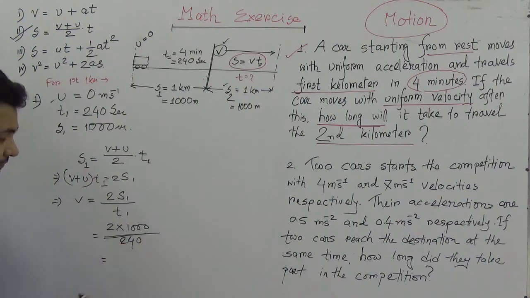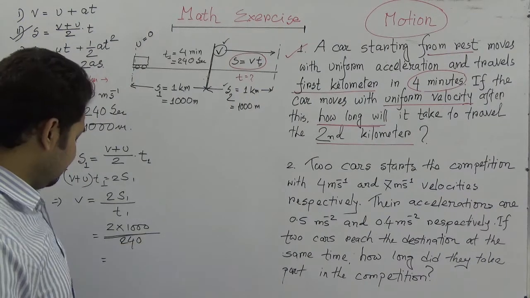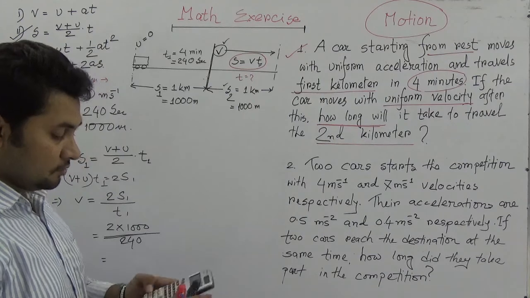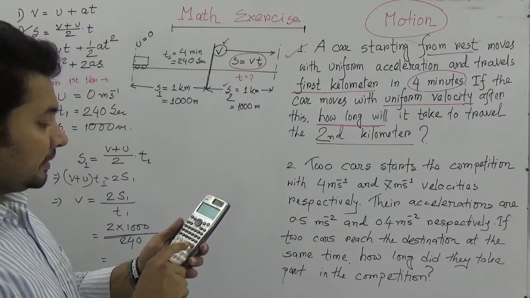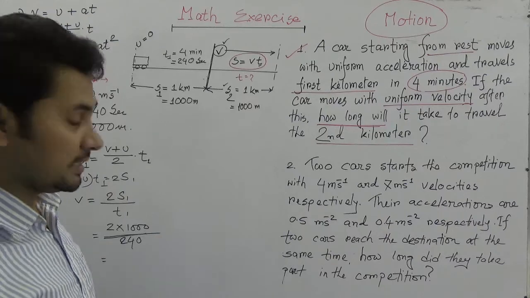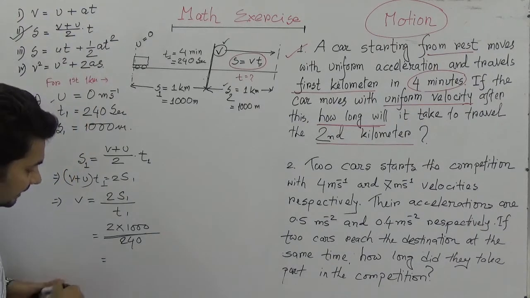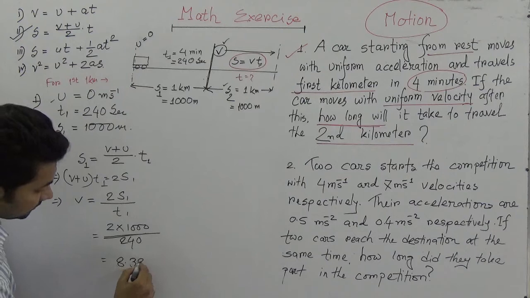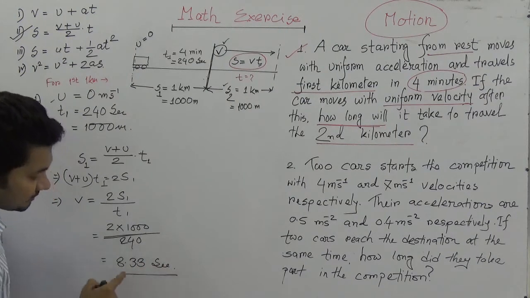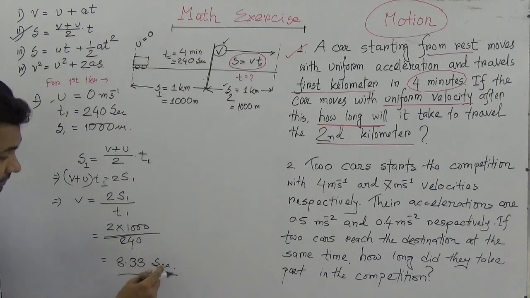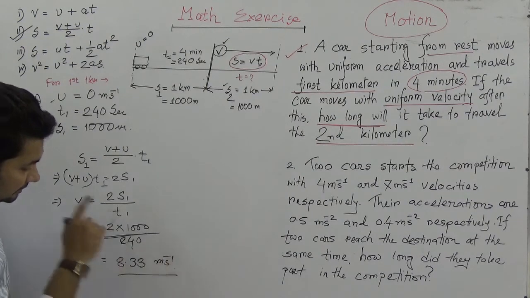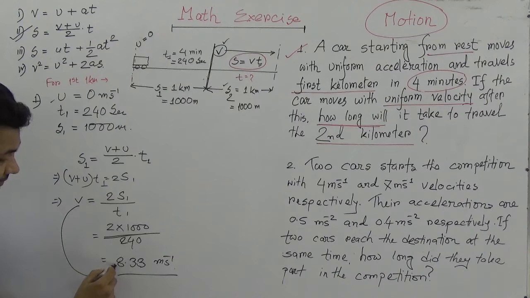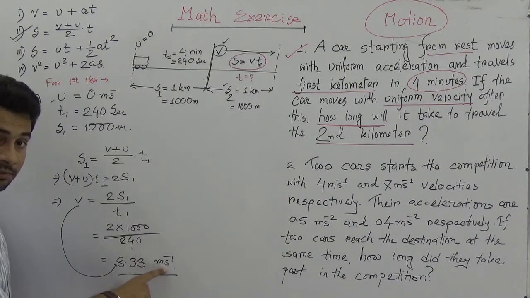If I divide 2000 by 240, it will be 8.33 meters per second, because this is the velocity and its unit is meter per second.